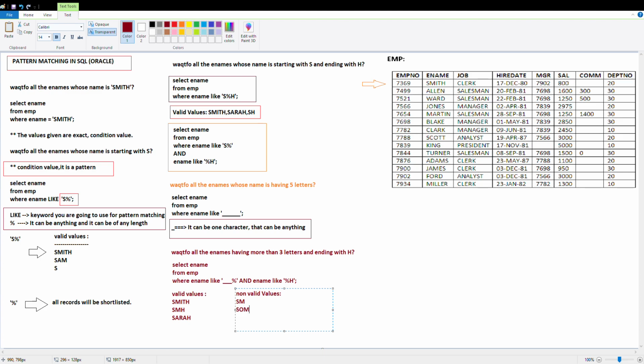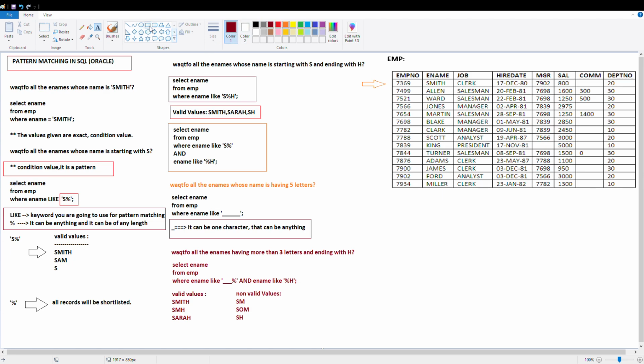It contains 3 letters, so one condition is satisfied, but the other condition, where the last letter is H, is not satisfied. Let's say there's something called SIC. Even this will not get shortlisted. Let's say there is something called SH. It has 2 letters. It satisfies one condition, the last letter being H, but it doesn't have 3 letters, so one condition is not satisfied. So these are some of the non-valid values.